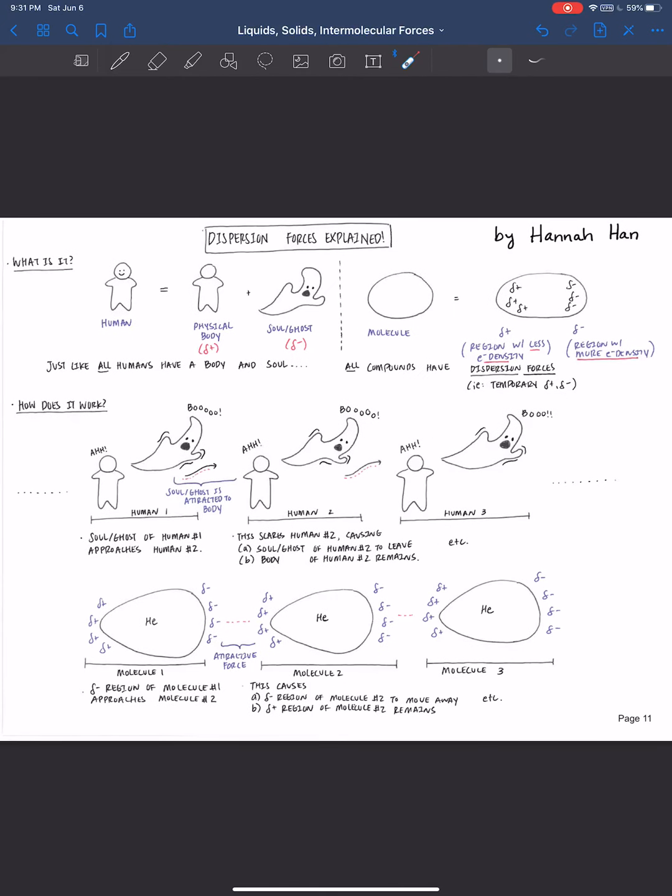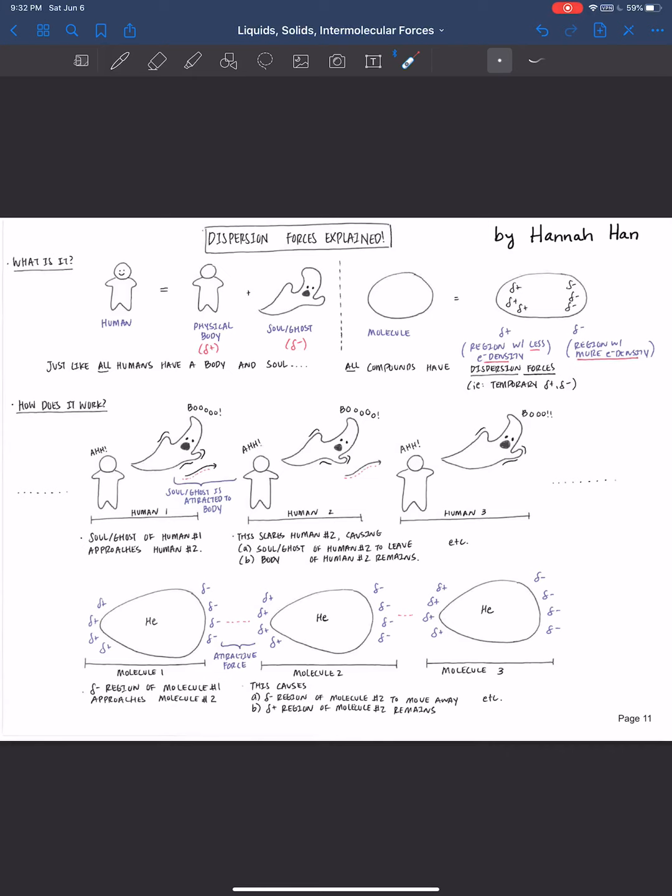Like I said, these were created by one of my former students, Hannah Hahn. And so we're going to start with the dispersion forces. The way she lays out this context is, imagine you're a human, and the human is composed of a physical body and a soul, or ghost, right?